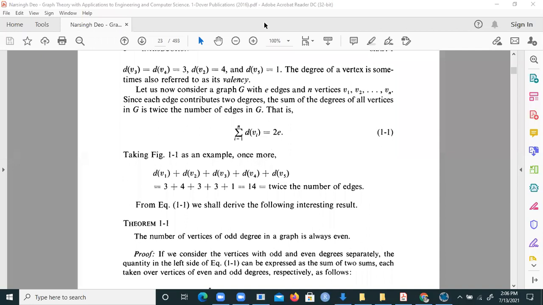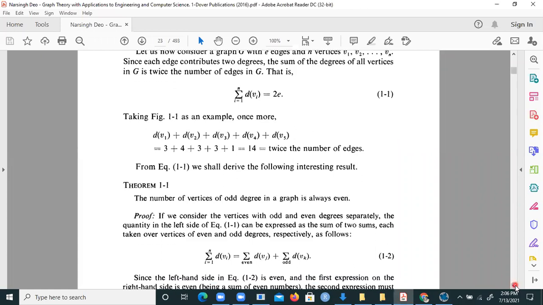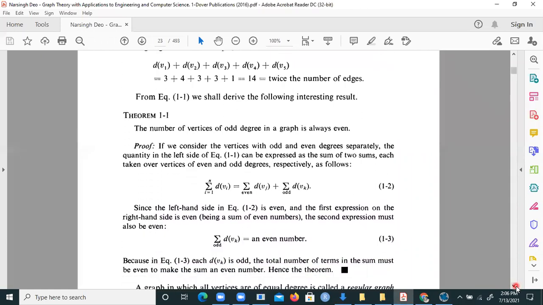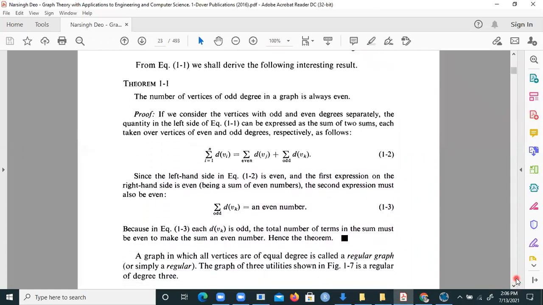The theorem is: the number of vertices of odd degree in a graph is always even. What they have done here is simple mathematics. You already know from the previous result that the sum of the degrees of all the vertices from 1 to n, where there are n vertices, is twice the number of edges.